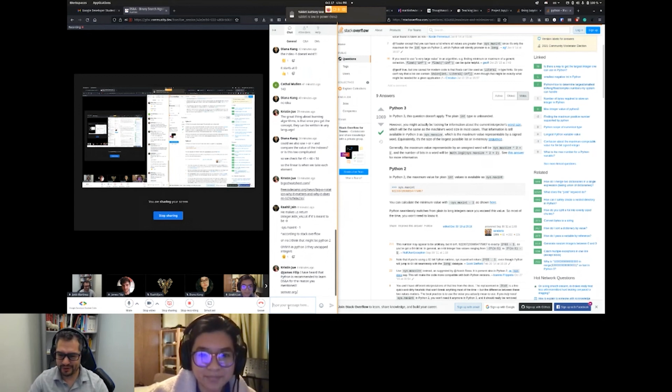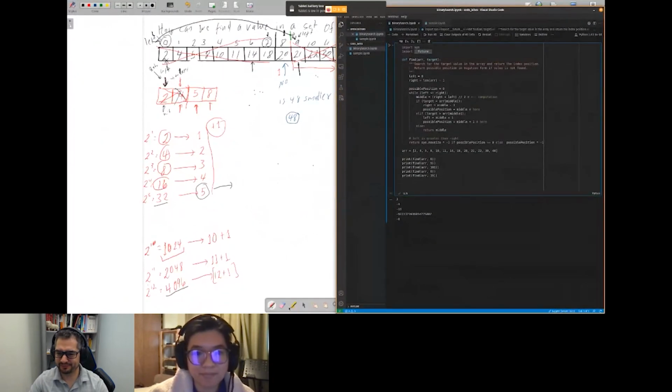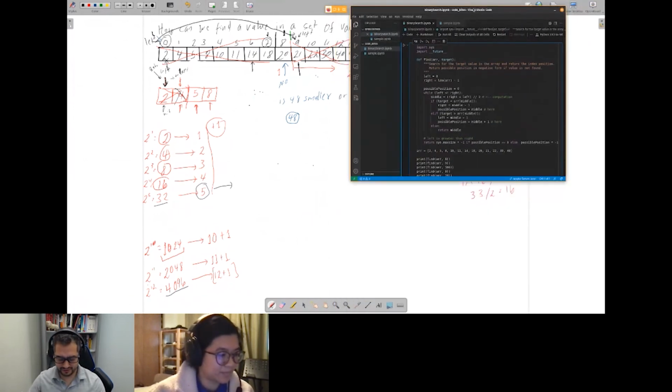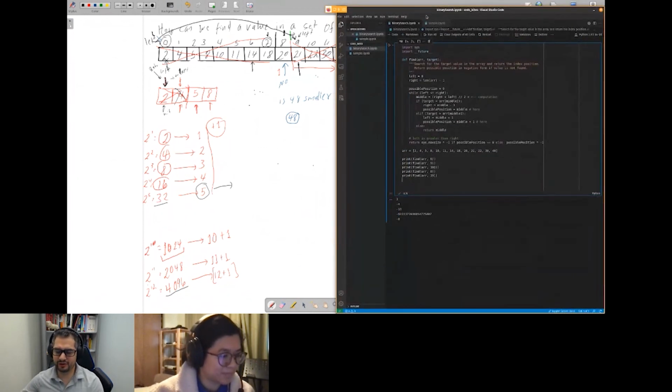One thing I wanted to point out as well is that you see this. I don't know if you're familiar with Jupyter notebooks. No, I haven't heard of it before. What is it? So I am running this in VS Code, Visual Studio Code. You see how I can type in here, and I can get the results right there. This is like running interactive Python, but having your code in there already.